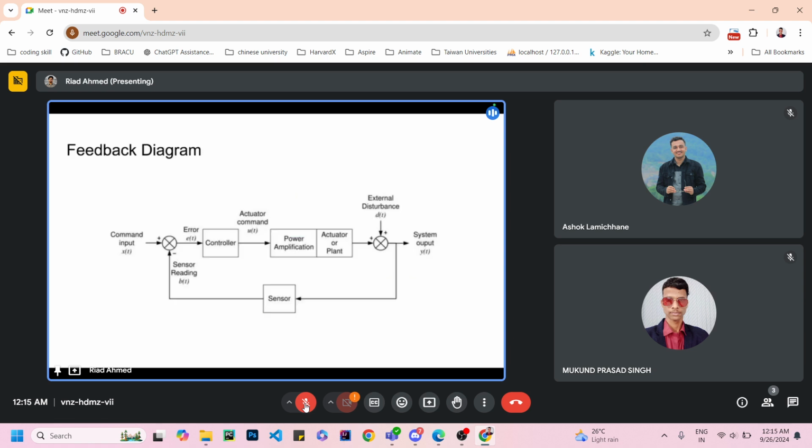So here you can see that this is basically the closed loop control, and we are representing this closed loop control as a block diagram.